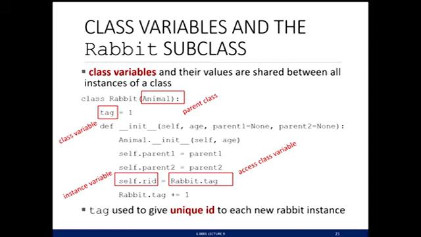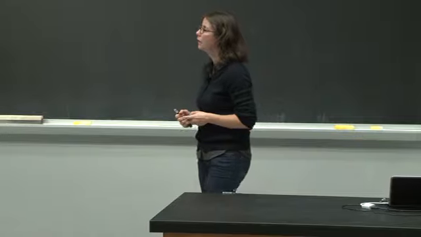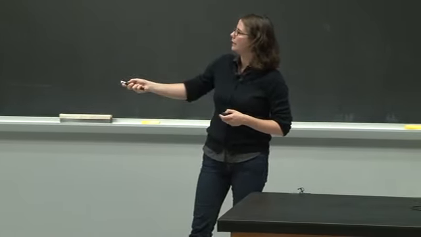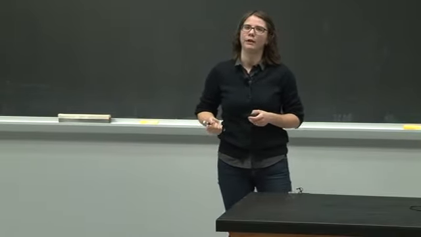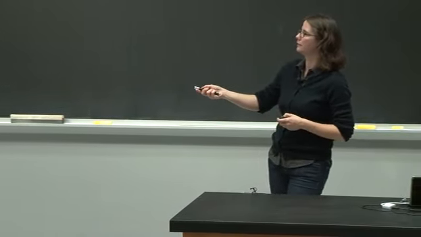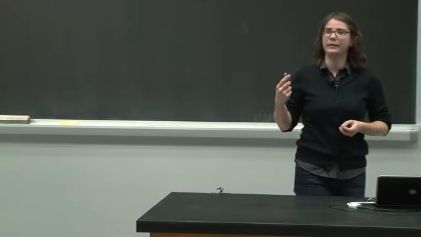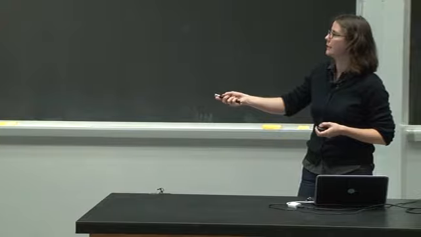So in this case, rabbit.tag. Initially, tag is going to be 1. And then the init is going to increment the tag by 1 here. That means from now on, if I create any other instances, they are going to be accessing the updated value of tag instead of 1.